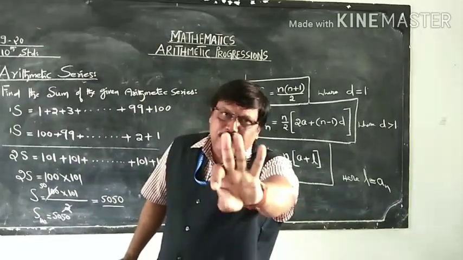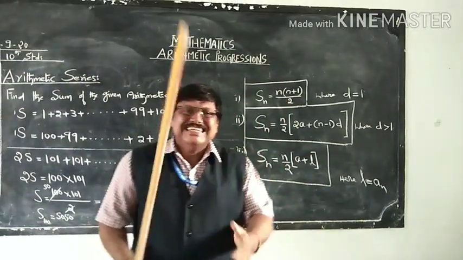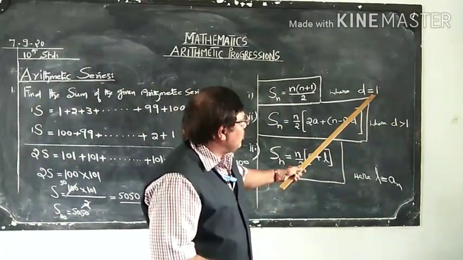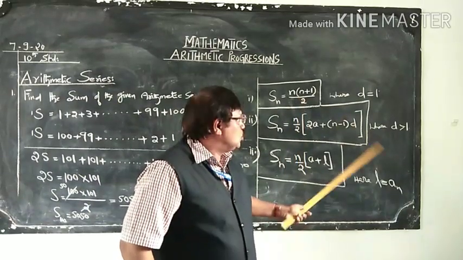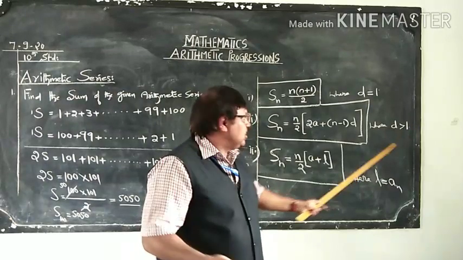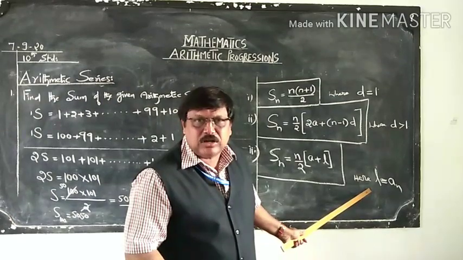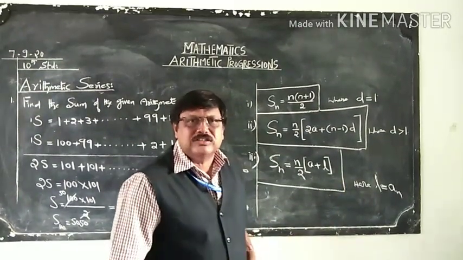So these three formulae we can apply to find the sum of an arithmetic series. When d is equal to 1, we can apply n into n plus 1 by 2. When d is greater than 1, we can apply the second formula. When the last term and the first term are given, then you can apply the third formula. We will do some problems on this.